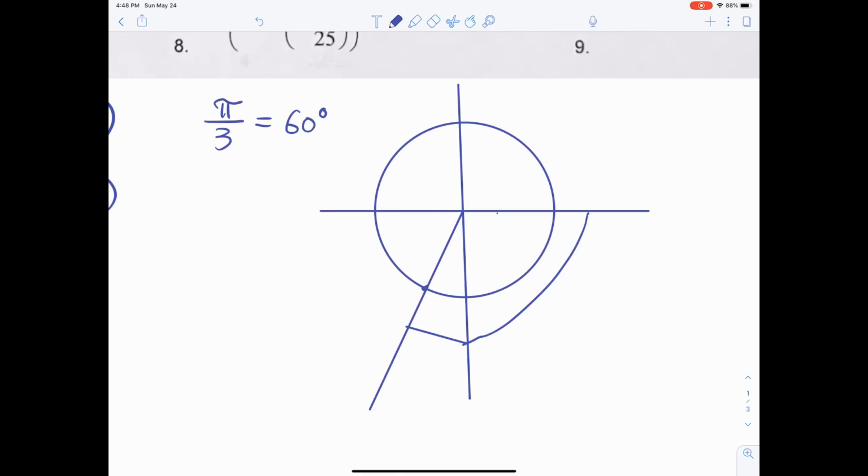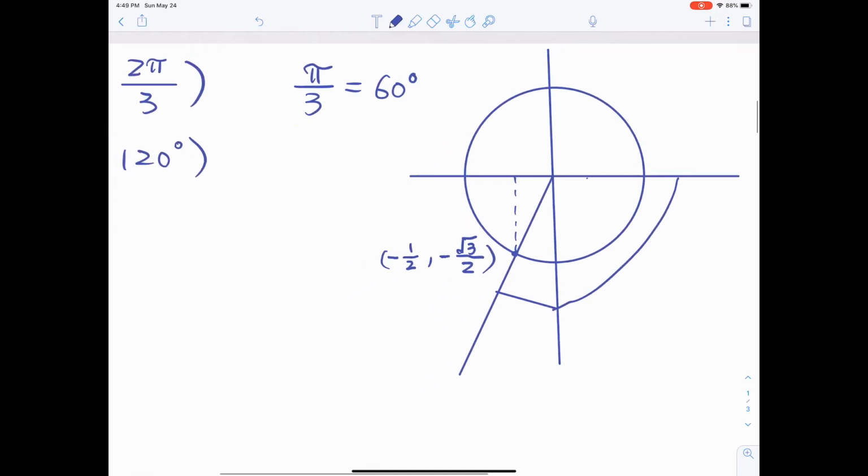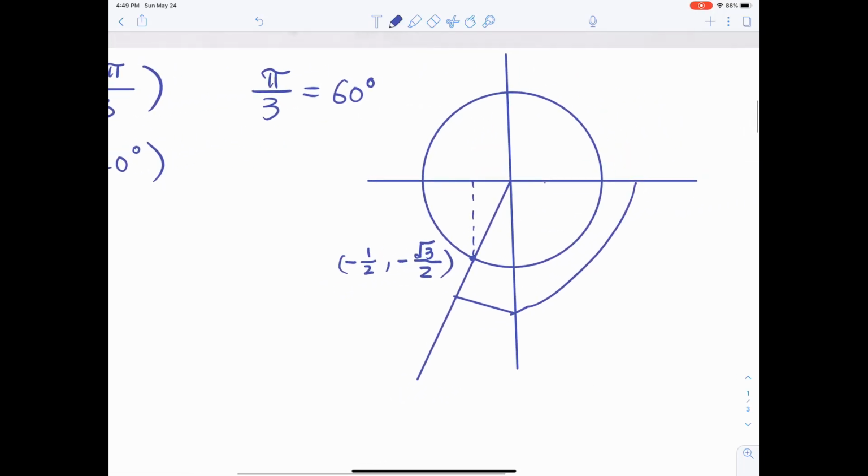Not thinking about anything, we just want to write down the coordinate. The x value is negative half, and the y value is negative root 3 over 2. Okay. So because it's a negative 120 degrees.